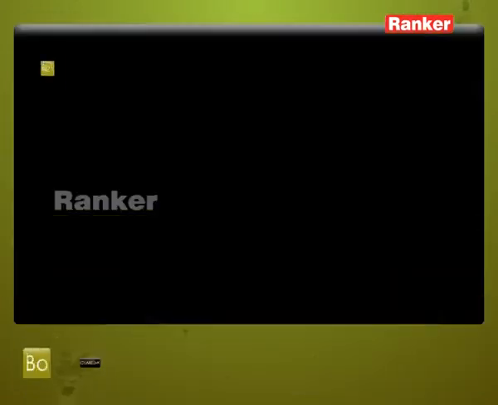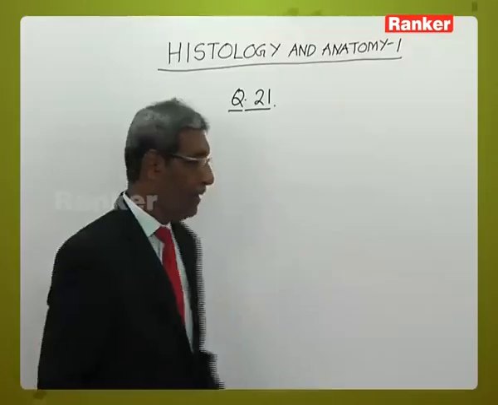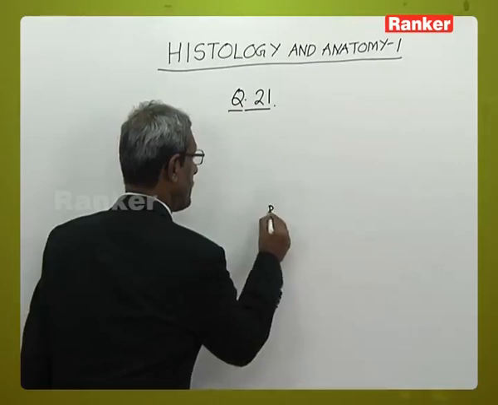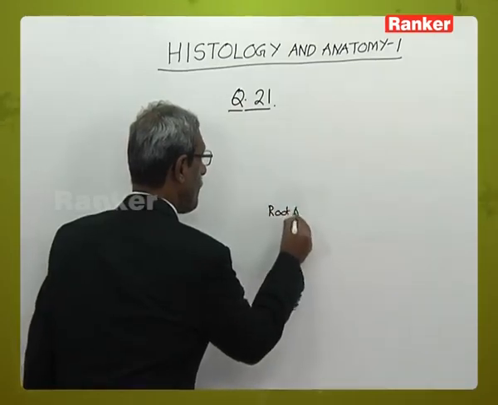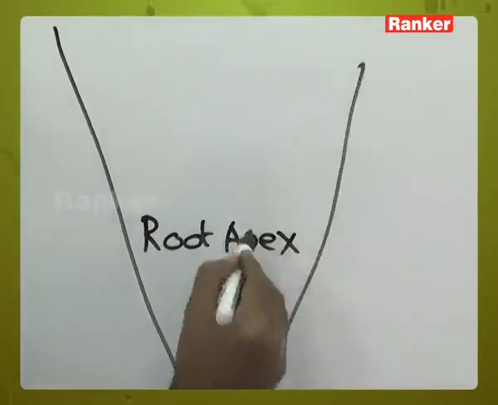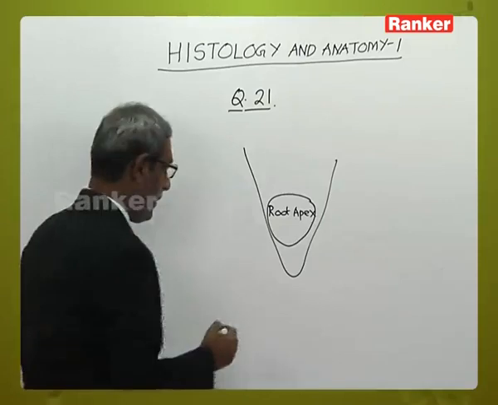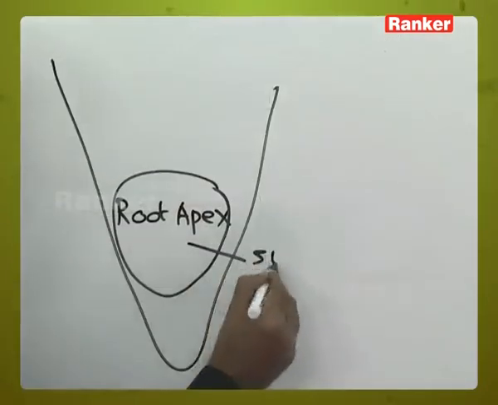Question 21. The root apex is subterminal because it is A. Covered by root hairs, B. Covered by root cap, C. Covered by epidermis, D. Under the soil. Whenever you take the root apex, the position is termed as subterminal.